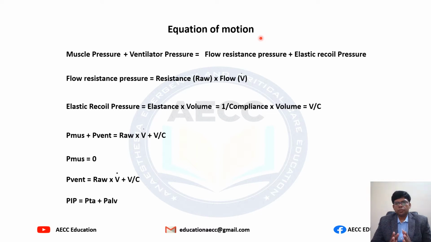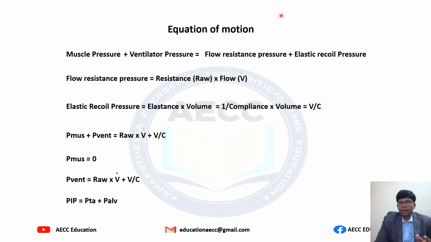The frictional forces are the result of two factors: the resistance of the tissue and organs as they become displaced during breathing, and the resistance to gas flow through the airways. Elastic forces arise from the elastic properties of the lung and the chest wall. This can be explained by the equation of motion.